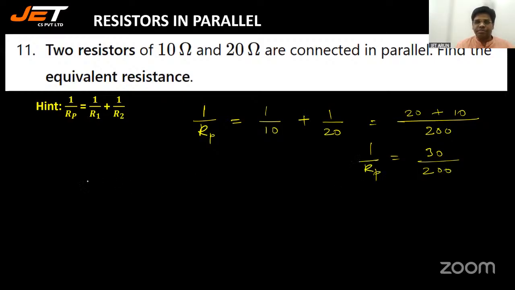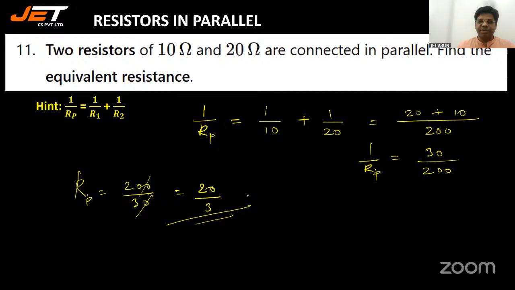Required is RP. RP would be 200 by 30. 0 gets cancelled out, dividing by 10 on both numerator and denominator. What remains is 20 by 3. And this 20 by 3, if I divide further, what I get is 6.67 ohms.